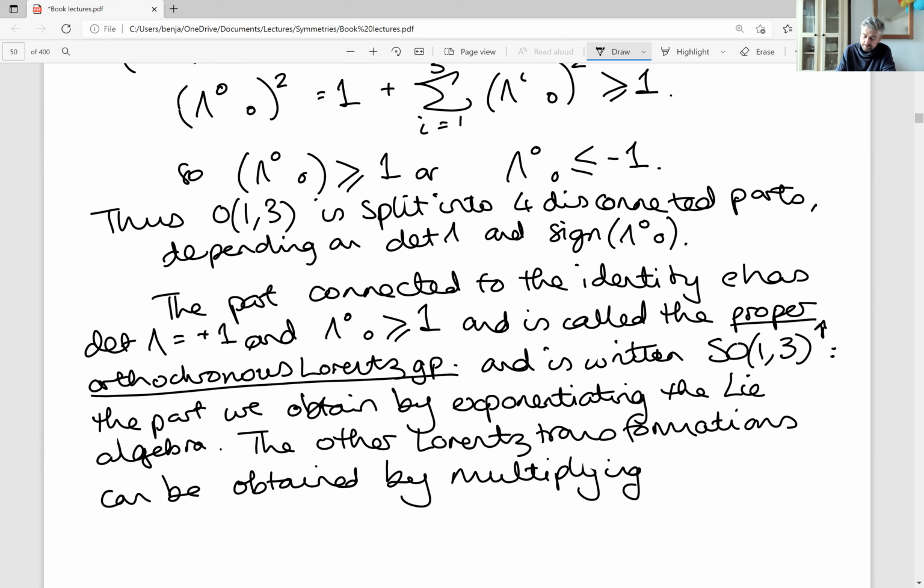So I'm going to write this as the exponential. I'll write it later. So multiplying the exponentiated bit by a matrix T, which is 1, minus 1, minus 1, minus 1.